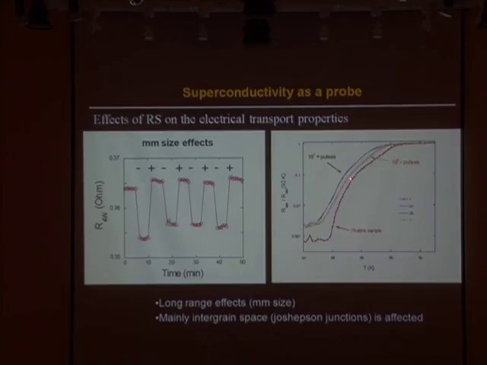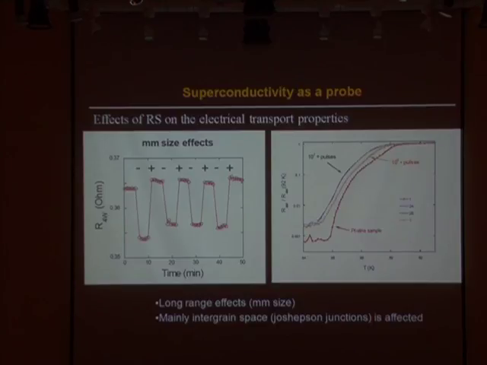So when we apply a severe pulsing treatment here, we apply 10 million pulses. We managed to increase the width of the transition. We didn't change the onset of superconductivity. And what is very interesting is that we prevent the percolation of superconductivity.